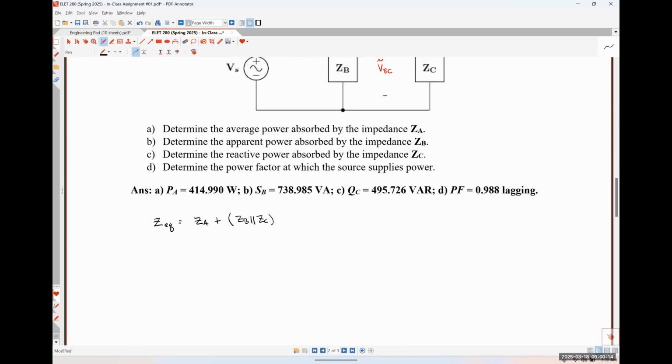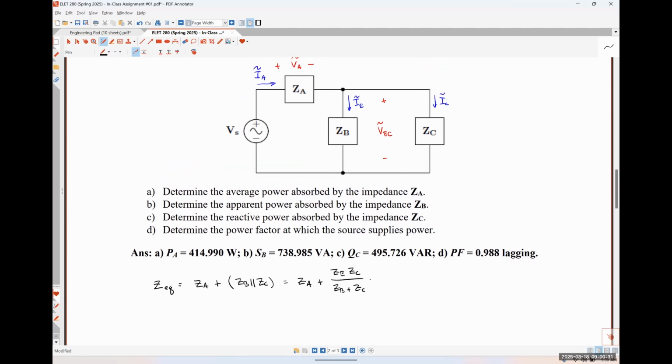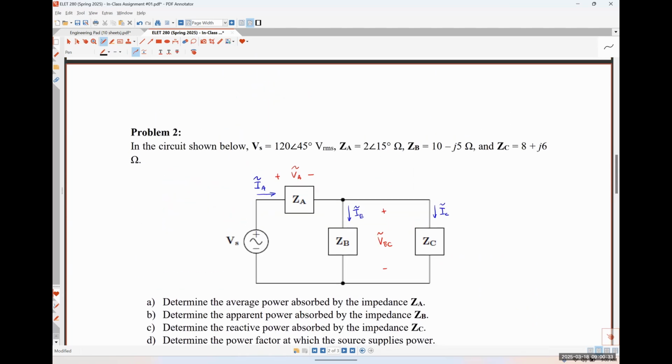So we could rewrite this essentially as ZA plus ZB times ZC over ZB plus ZC. Absolutely right.